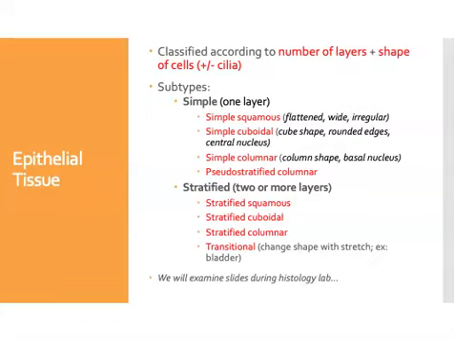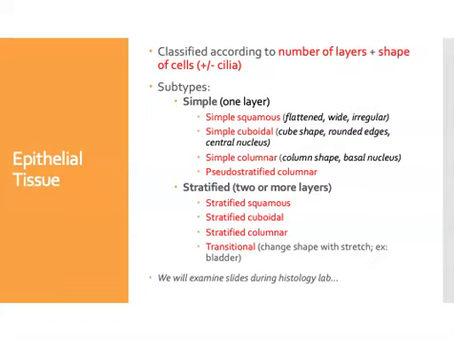Finally, there's pseudo-stratified columnar. This is the strangest type of simple epithelium. It has the appearance at first of being stratified epithelium. It looks like it has layers. But when you look more closely, and again, we'll take a look at this in a moment, there aren't distinct layers of cells in pseudostratified columnar epithelium.